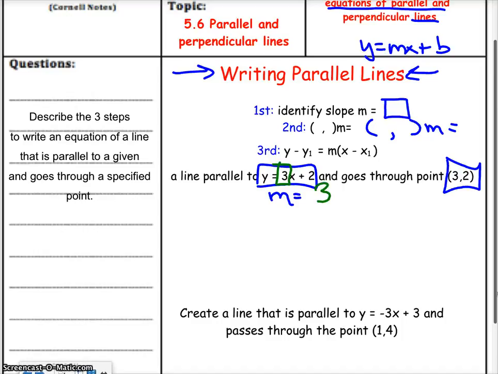Now according to step 2, I make that frame. And the point is the point they give me, right here. So that point goes in there.